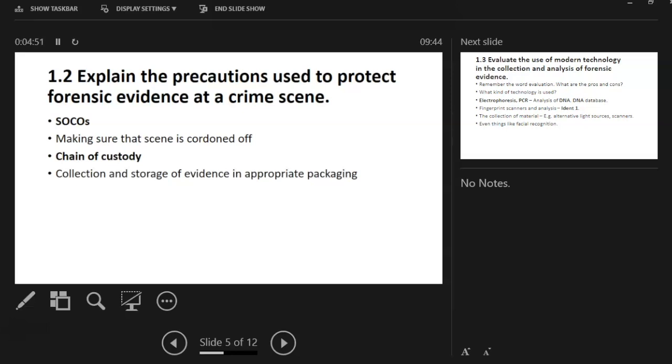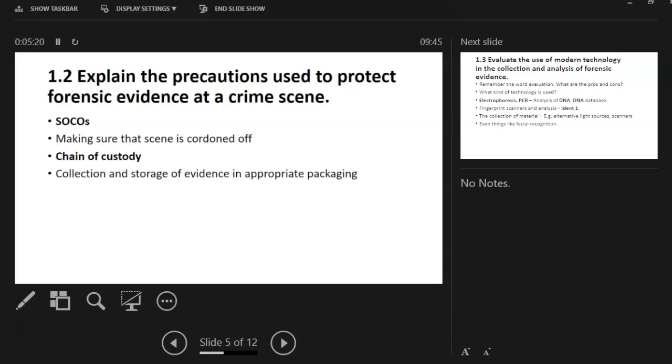It makes me think of the Nicola Bulley case, and we were talking about that. Chain of custody: is the evidence being kept safe at every step? The collection and storage of the evidence in appropriate packaging. Just anything you would do, or not do, to protect evidence at a crime scene.